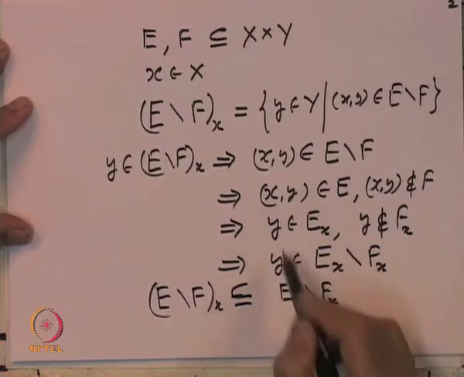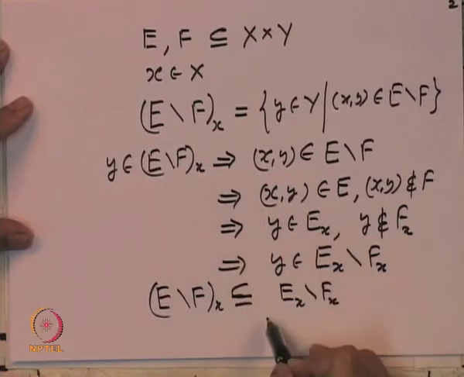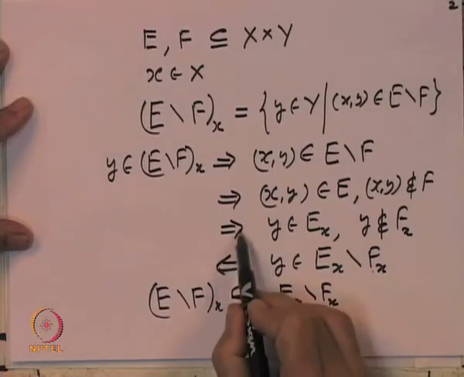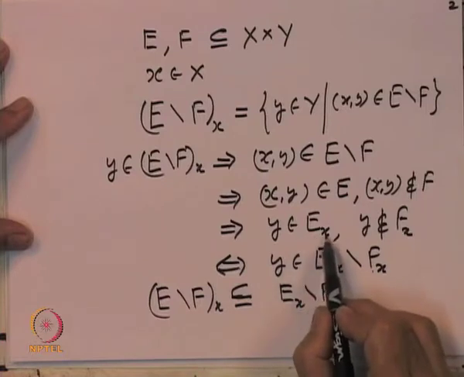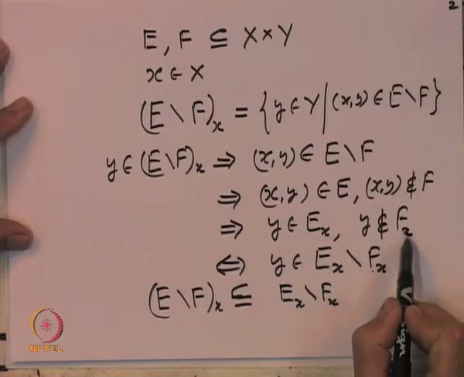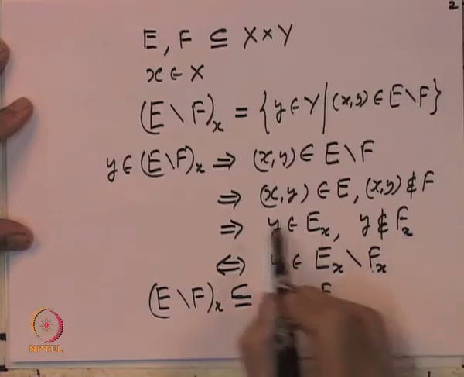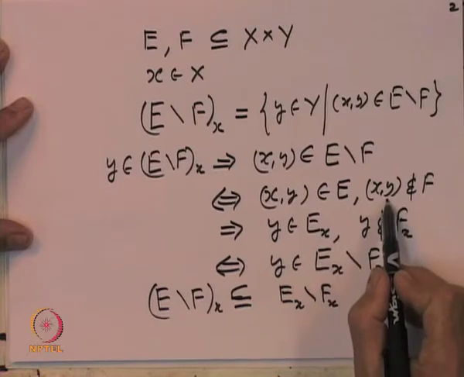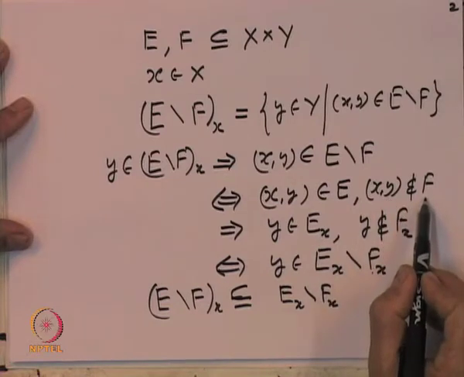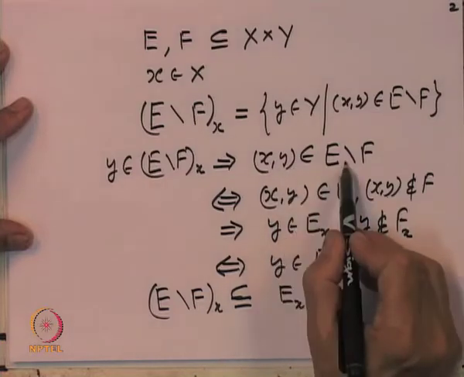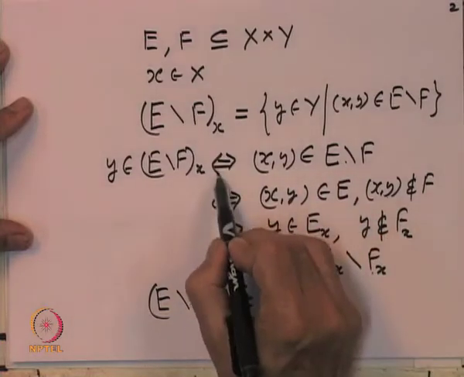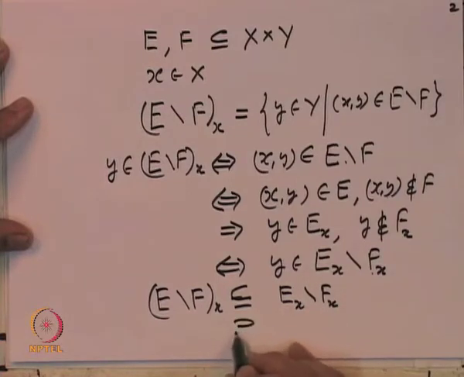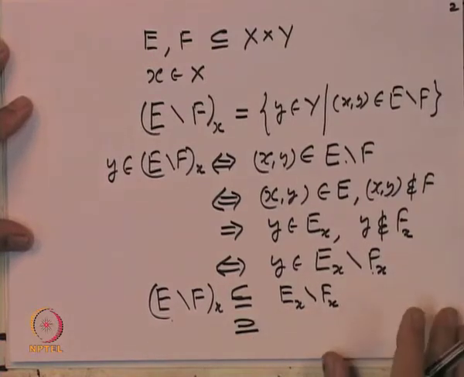But notice in this all the arguments are reversible. Supposing y belongs here, that is the same as saying y belongs to E lower x and y does not belong to F lower x. But that is the same as saying (x, y) belongs to E and (x, y) does not belong to F, and that is the meaning of the earlier statement. So all the arguments are reversible, the inequality the other way around also holds, and these two sets are equal.